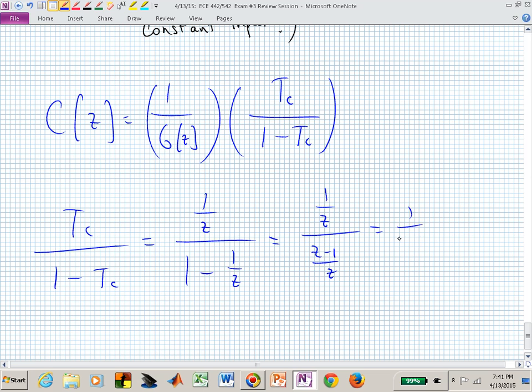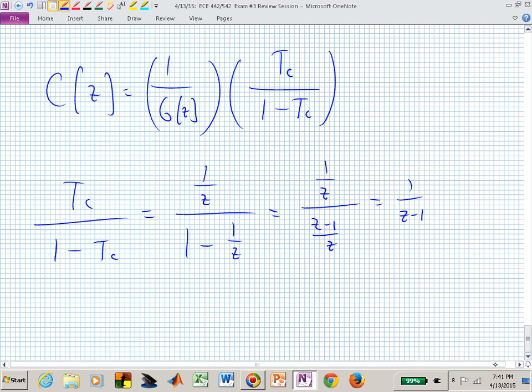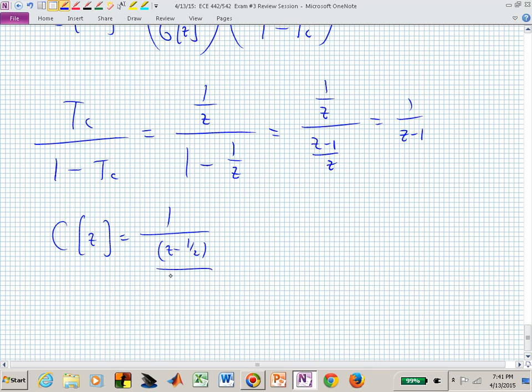We have 1 over z minus 1 is T sub C over 1 minus T sub C, and C of z is now 1 over, and what was G of z? That was z minus 1 half over z minus 1, all times 1 over z minus 1.